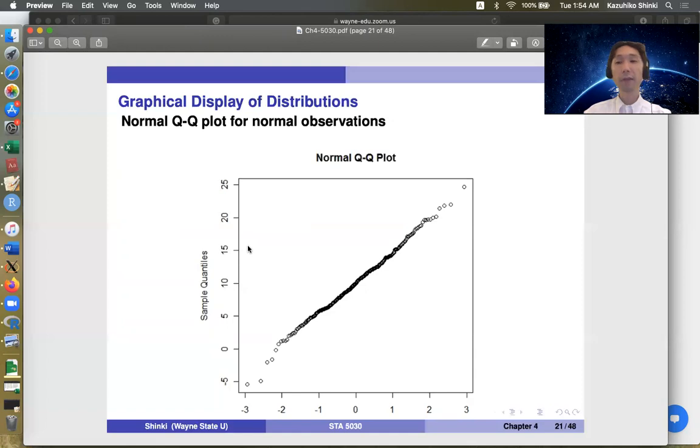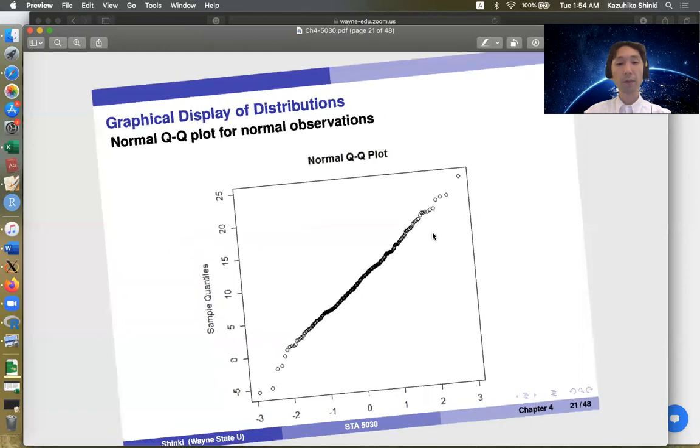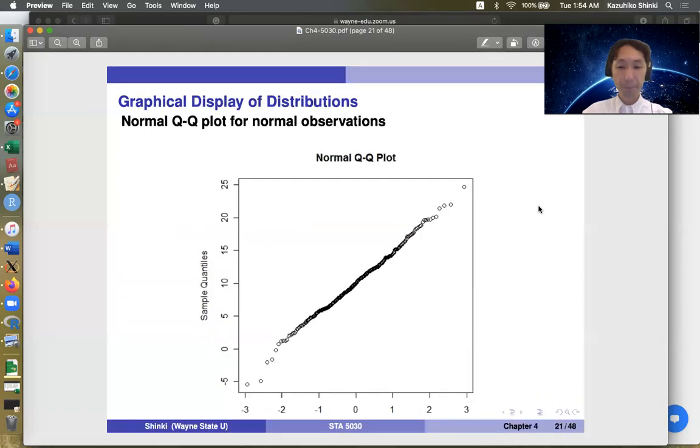So actually the slope of this trend line is 5 times larger. This trend line is y equals 5x plus 10. So even if it's not distributed standard normal, we can still check normality. If all points are almost on the same straight line, then it's distributed normal.